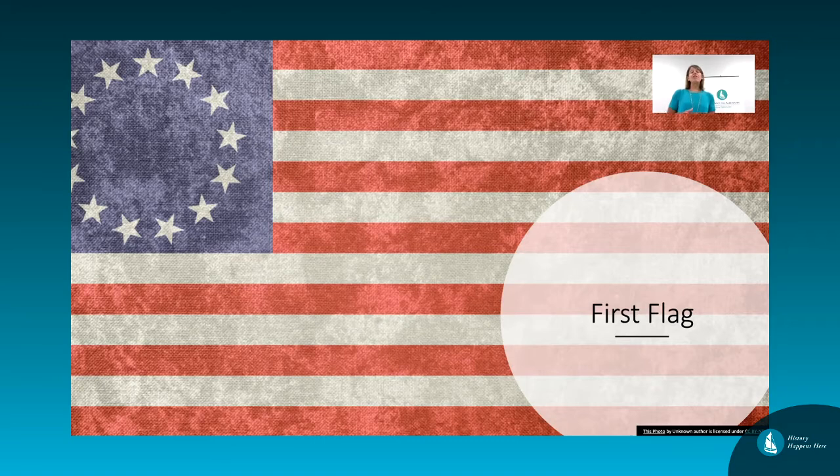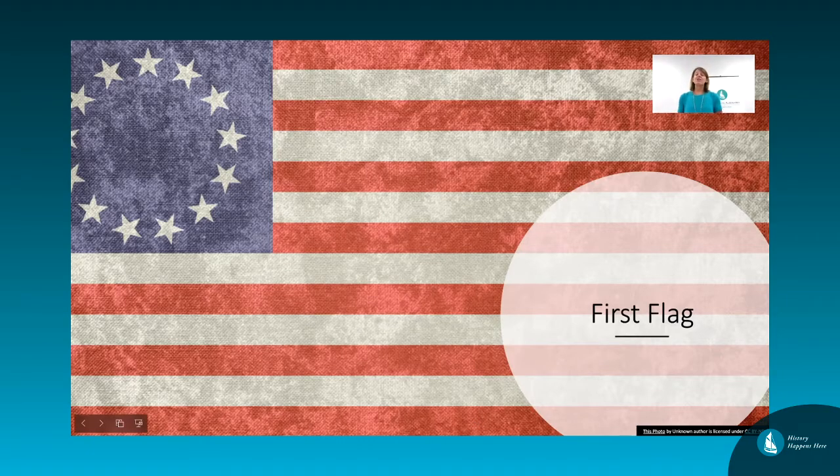The purpose of having 13 stars was to represent the 13 colonies that we began with, the 13 colonies that became states in the United States of America. And if you notice, how many red and white stripes do we have? 1, 2, 3, 4, 5, 6, 7, 8, 9, 10, 11, 12, 13.